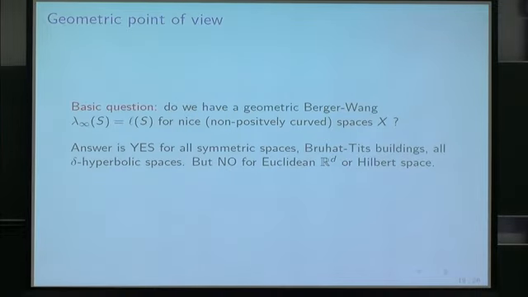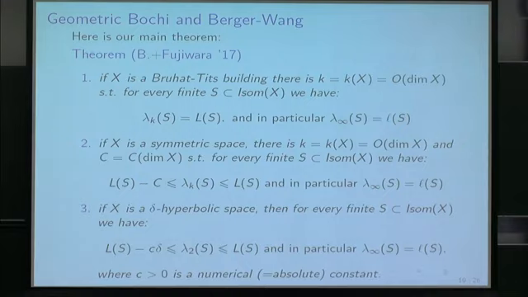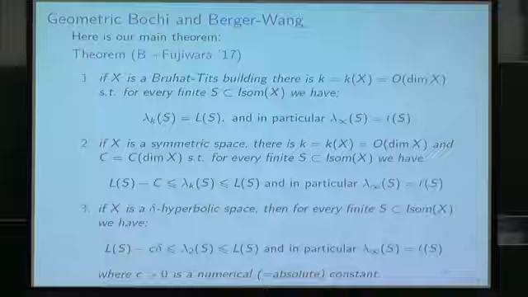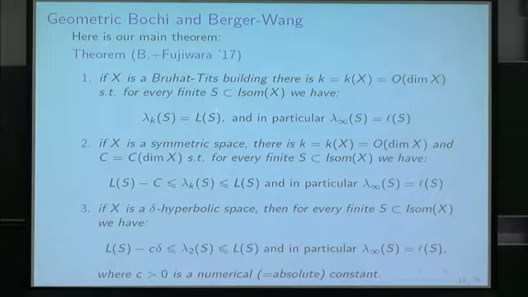So I'll state now the main theorem that we have with Koji, and which we proved here at the institute. So here's the theorem. Suppose, there are three cases according to whether you are a Bruhat-Tits building, a symmetric space, or hyperbolic space. So suppose you have a Bruhat-Tits building, then in fact you have a much better result.